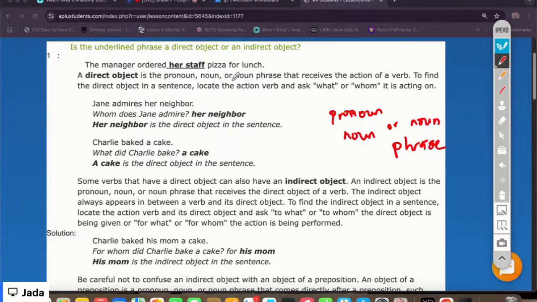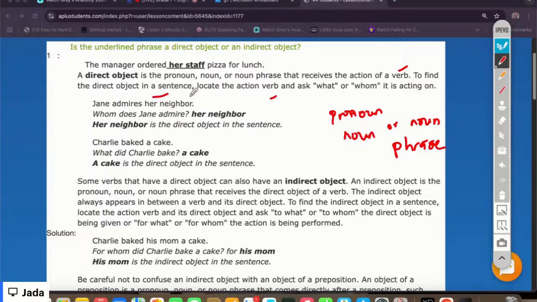So a direct object is the pronoun, noun, or noun phrase that receives the action of a verb. To find the direct object in a sentence, you have to locate the action verb and ask what or whom it is acting on. Just like saying that Jane admires her neighbor.